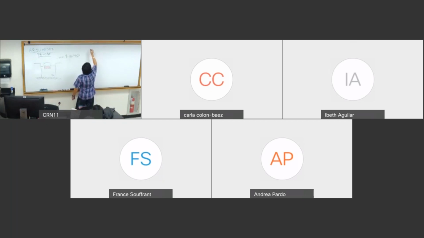And if you remember, there were some equations that we did last class. We had the density that we label like that.